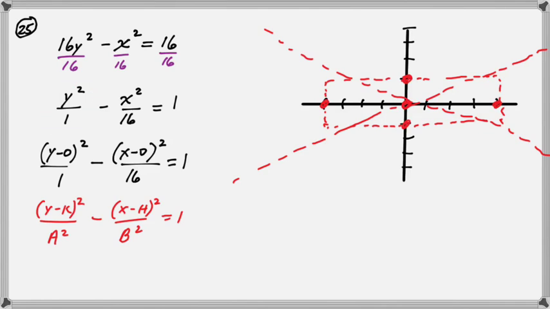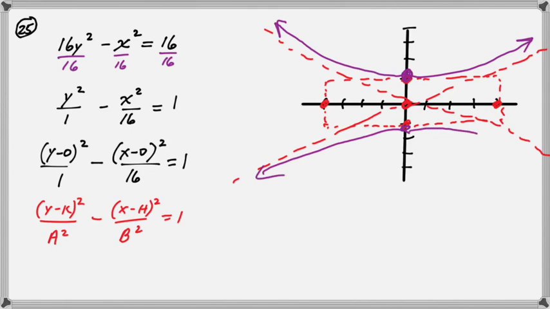The y, which means that it opens like the y-axis does. So your actual graph is going to be here and approach this asymptote and this asymptote, and then this asymptote and this asymptote. So there's my graph. That's just a sketch of this hyperbola. I haven't done implicit or explicit. I'll do that in a moment.